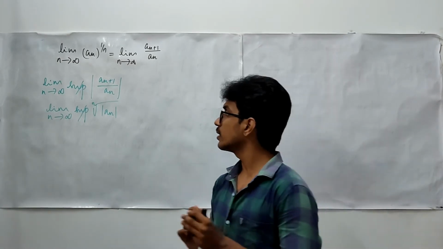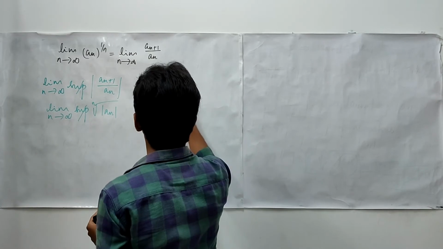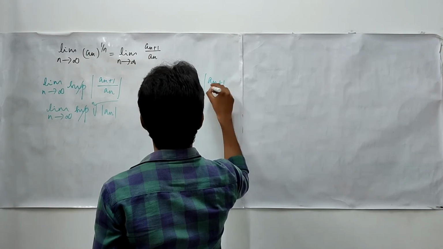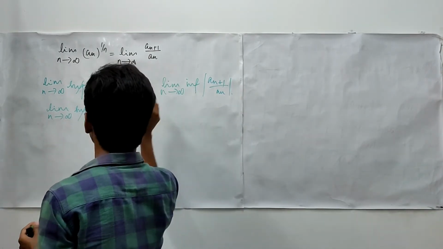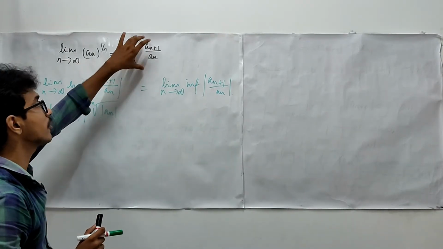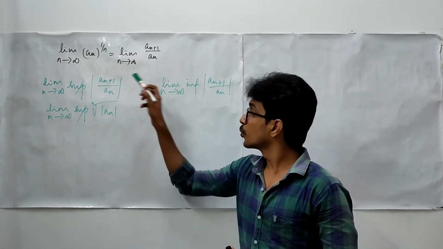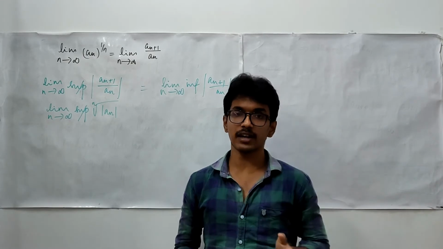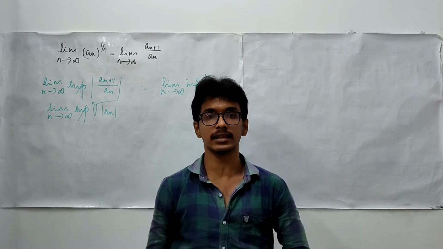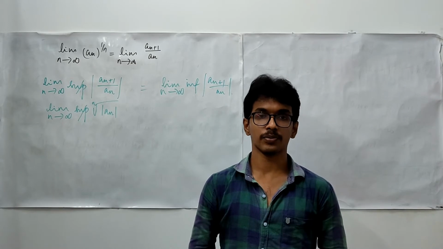Whenever this limit plainly exists, the supremum value as well as the infimum of these things are the same. If they are the same, then we may say that these two values are the same as this value. Sometimes supremum and infimum become different values, and in those cases, if the supremum value itself is less than 1, then the series is convergent. That is what these two theorems tell you.